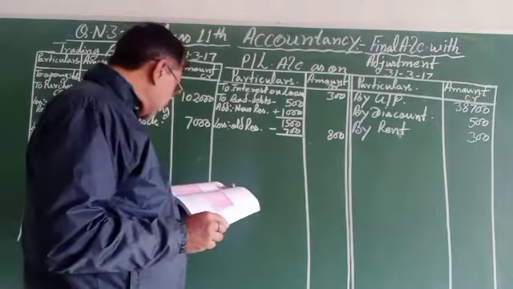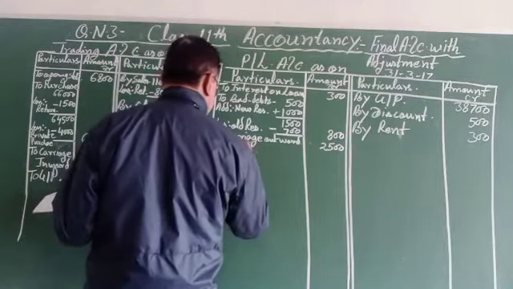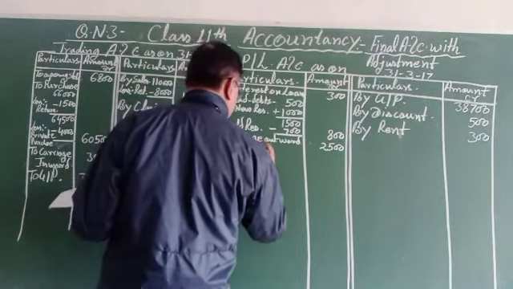And then after, salaries. Additional information given, outstanding 200, that is unpaid, that is the dues amount, so it will be added. Salaries given 9,000.